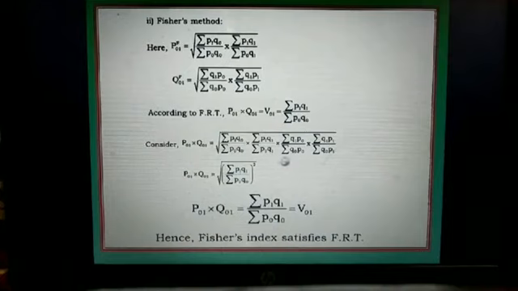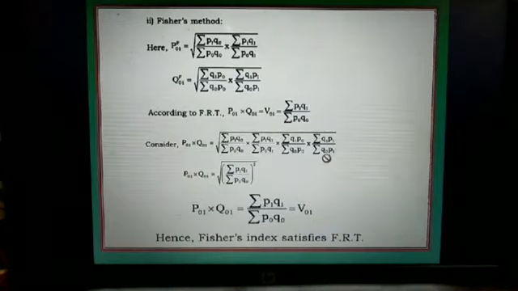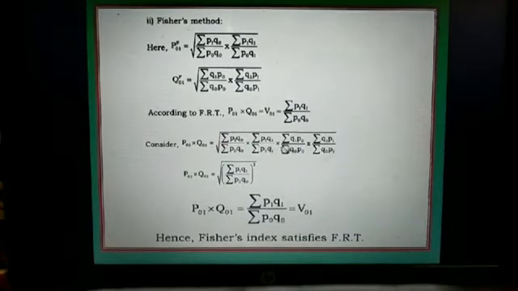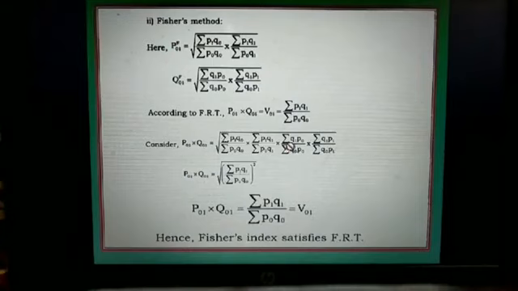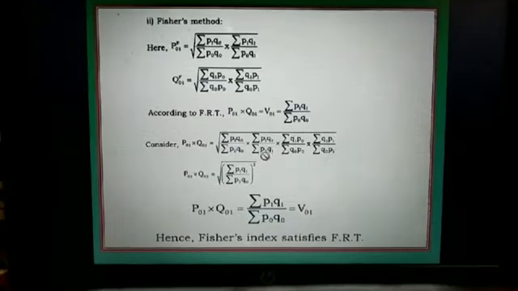In the denominator, where P1 Q naught is there, try to observe, here P1 and Q naught is there. Sum of P1 Q naught in the numerator and sum of P1 Q naught in the denominator are the same, so these will be getting cancelled. Next, in the numerator here, sum of Q1 P naught is there, and in the denominator once again Q1 P naught is present, sum of Q1 and P naught. So these two again will be getting cancelled.